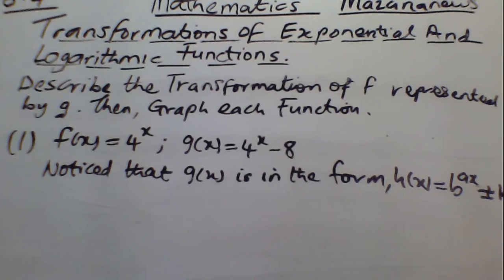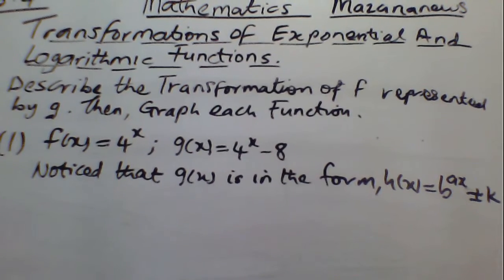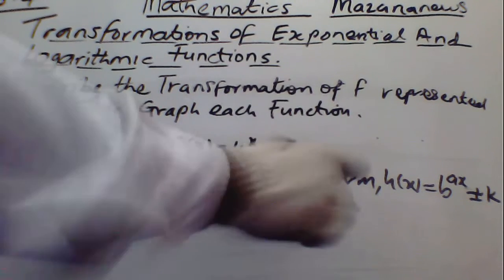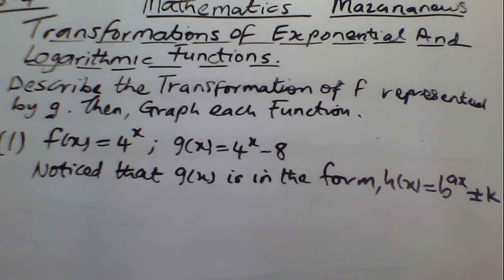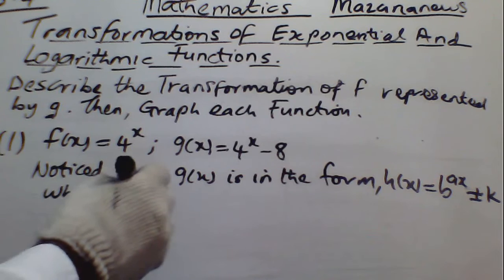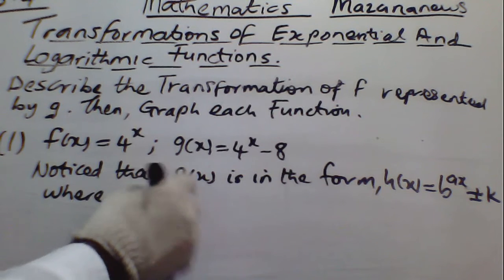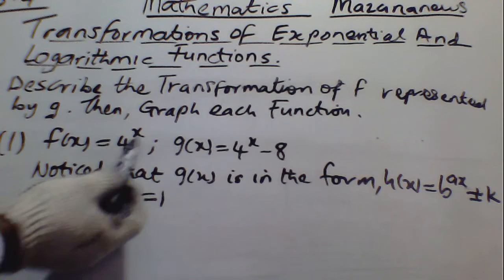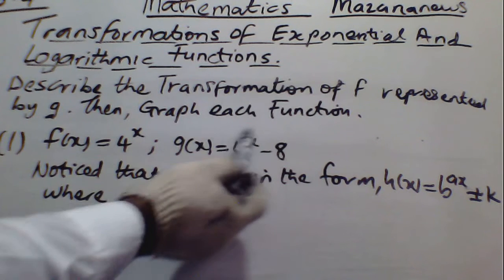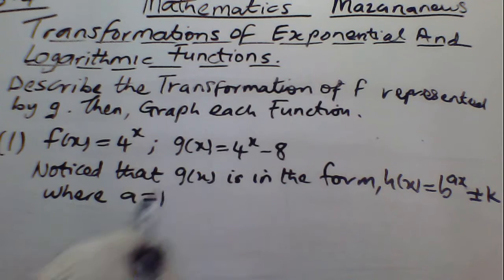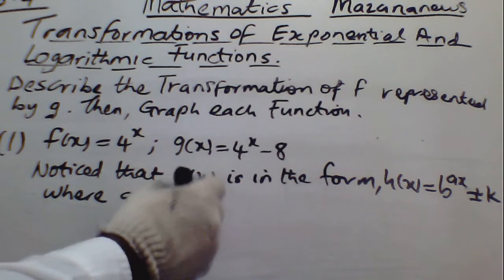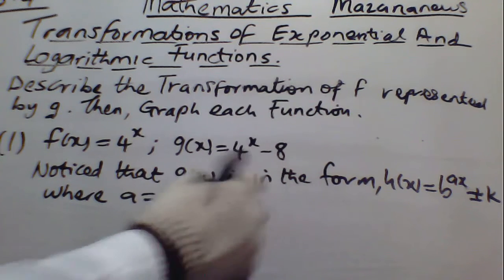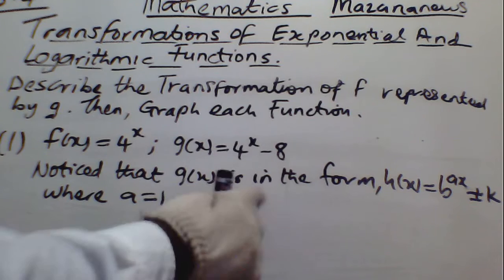So notice that g of x, this function, is in the form g of x equals b raised to power ax plus or minus k. So we are in this case where a is equal to 1. If you look here, our a is equal to 1. There is no change in the parent function f with respect to g of x here. There is no change. A is equal to 1 and k is equal to what? Minus 8.